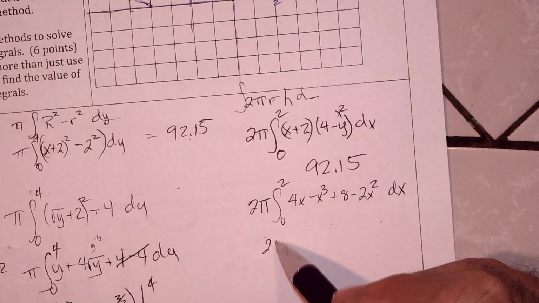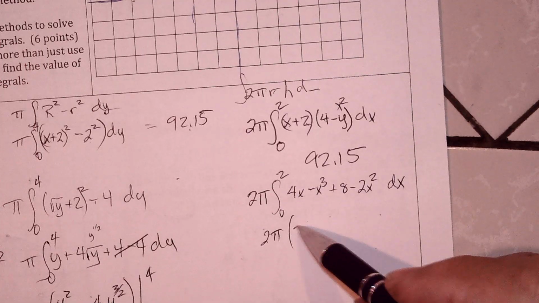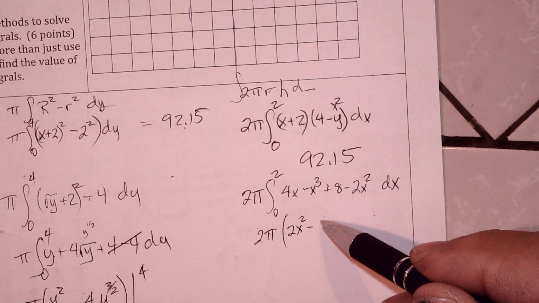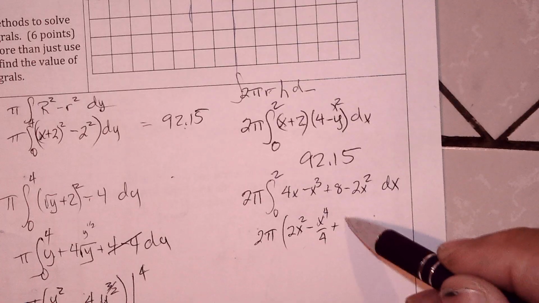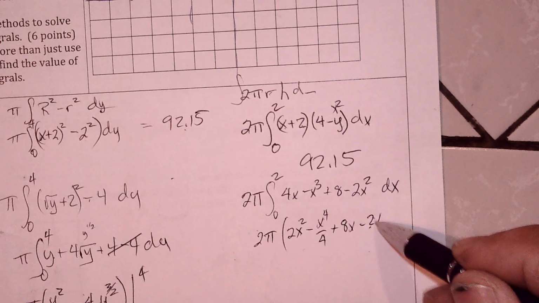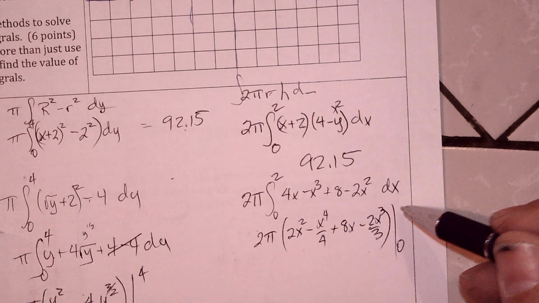So 2 pi, 2x squared minus x to the 4th over 4 plus 8x minus 2x to the 3rd over 3. Evaluate it from 0 to 2.